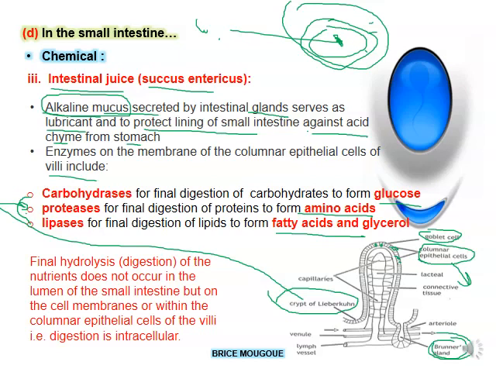But it doesn't exactly occur there, because in the past people used to believe digestion ends within the lumen of the small intestine. And now we know that digestion actually ends either on the cell membrane of the columnar epithelial cells, or within the inner part of those cells. It then means that the final digestion is more or less intracellular. That's where it occurs.